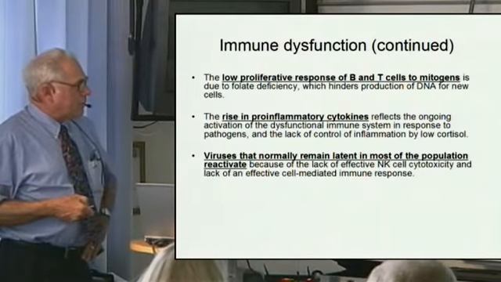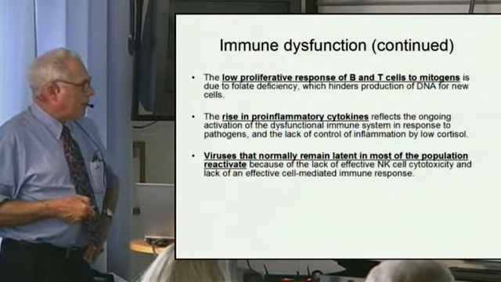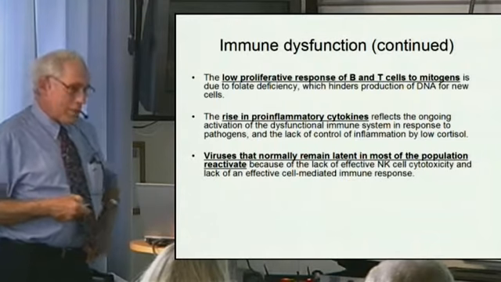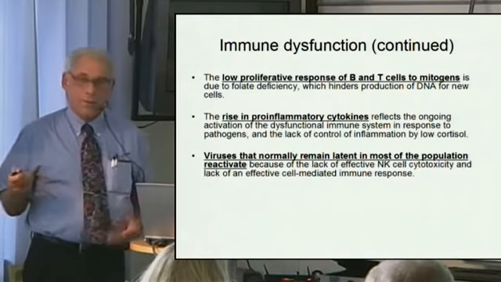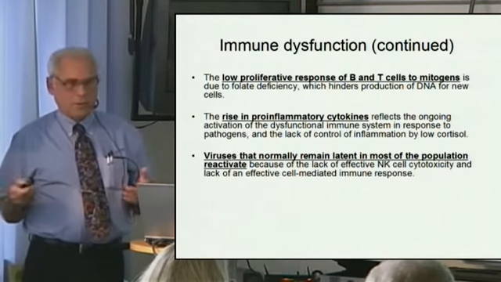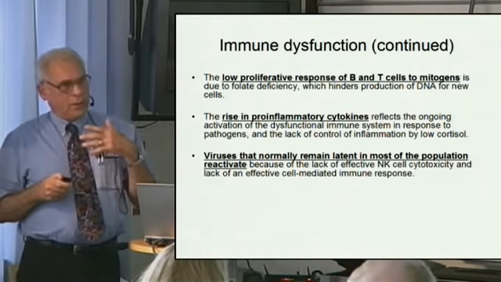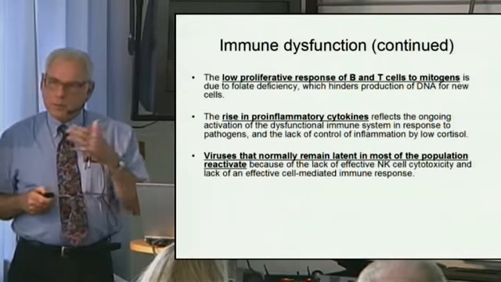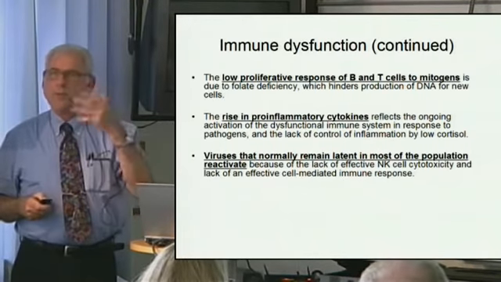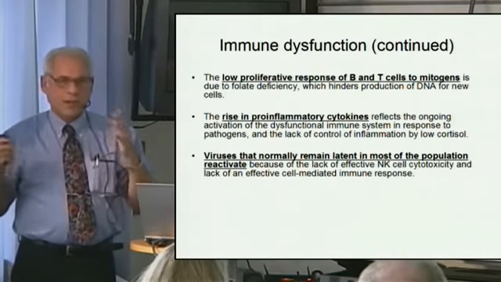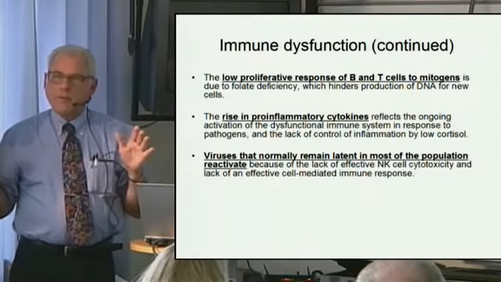Okay, viruses that normally remain latent in most of the population reactivate. Now, probably all of us here have certain herpes family viruses and other viruses that are in our bodies, and they're latent. They just sit there. Unless you get really under a lot of stress, your immune system goes down, or you get too much ultraviolet light on your face or whatever, they just sit there and you never hear from them.